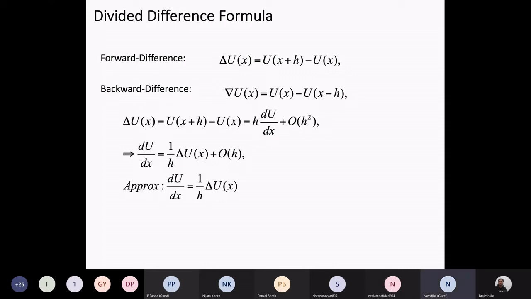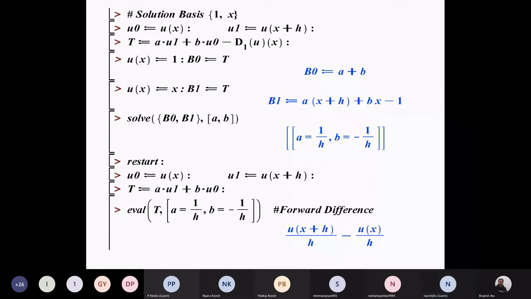You may answer that you use the Taylor series, but how did this idea come up? Well, I have written a Maple sheet to find it.